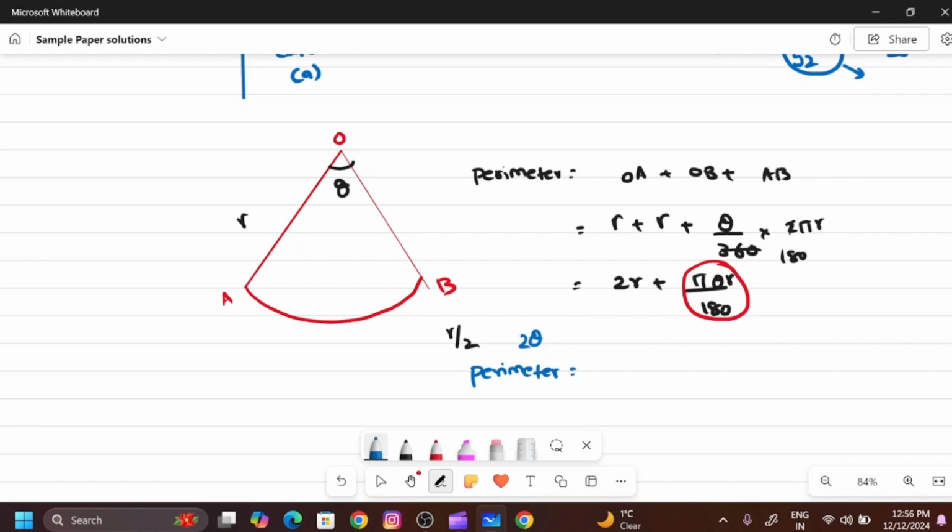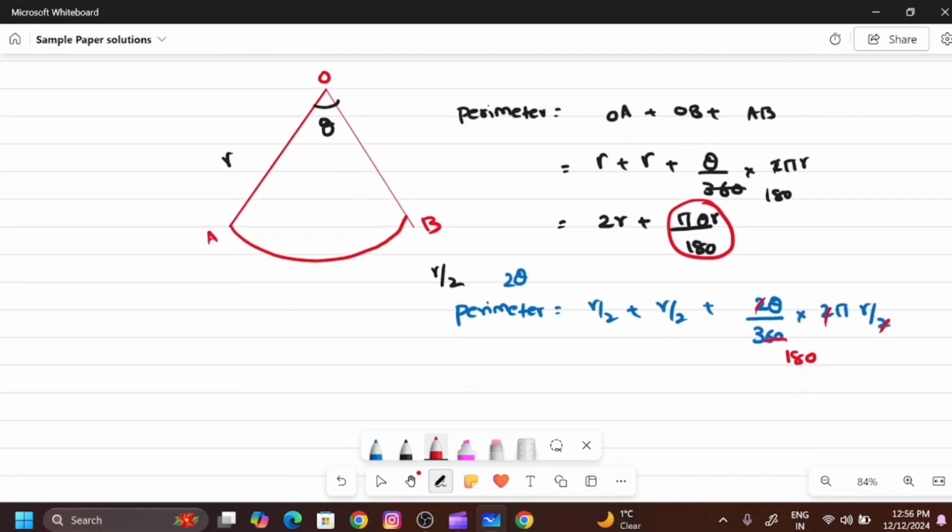OA radius is R by 2 plus another radius OB, R by 2, and the length of the arc is theta by 360, but in this case theta is 2 theta, by 360 into 2 pi, and R has become R by 2. Now the 2 gets cancelled, and the other 2 can cancel with 360 to give 180.